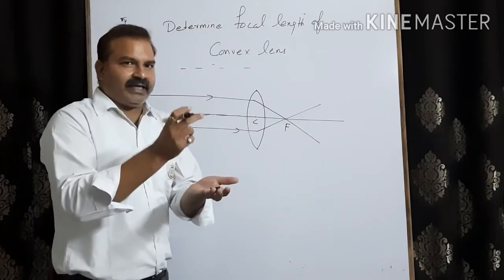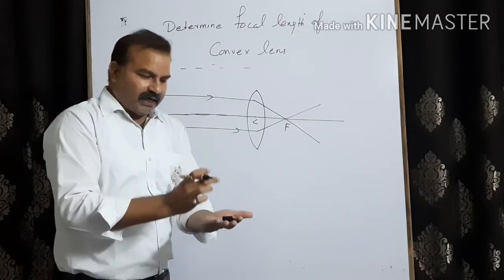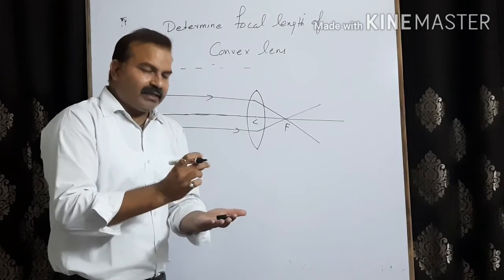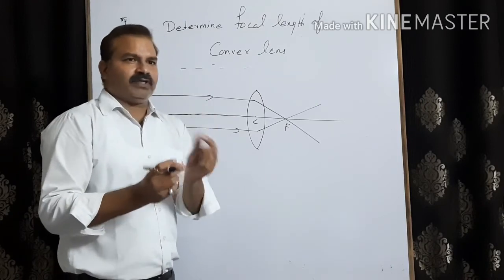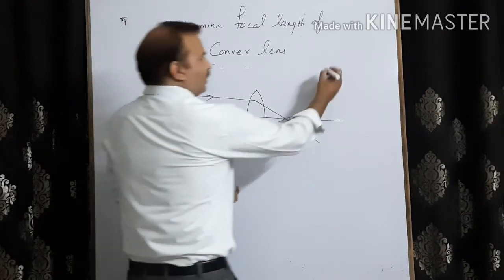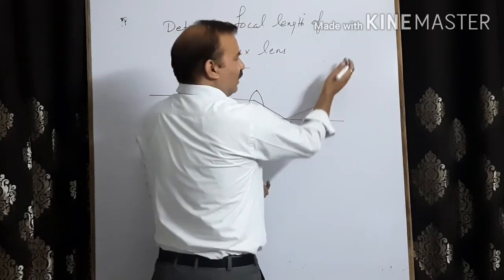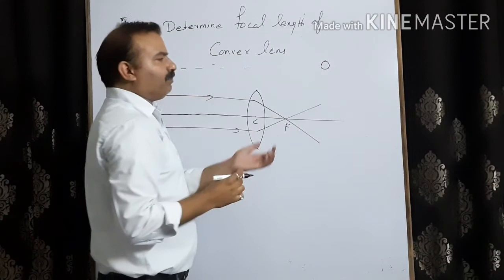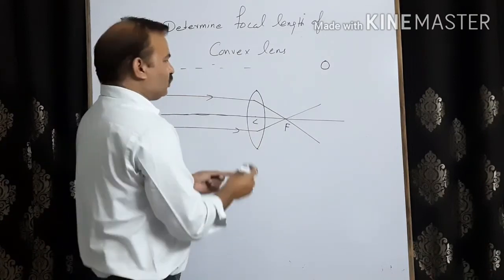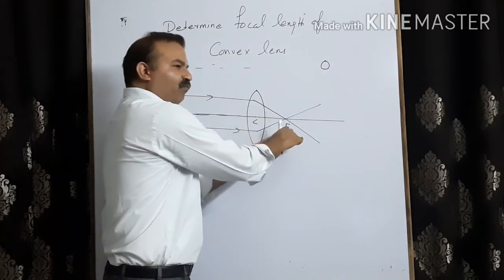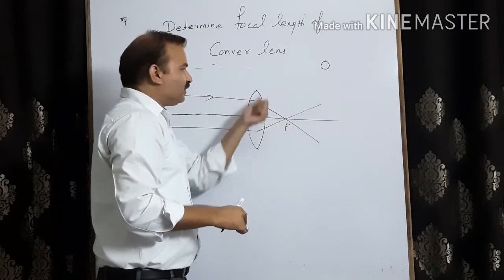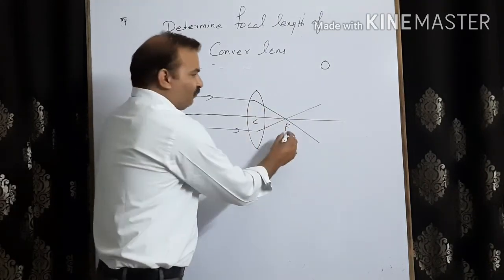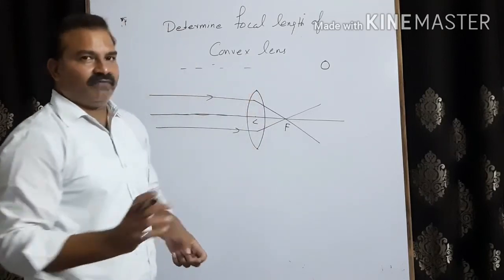When we take a lens and a page, we try to focus and get a very small image of the sun. So the distance between the lens and the image where it is formed is the focal length of a convex lens.